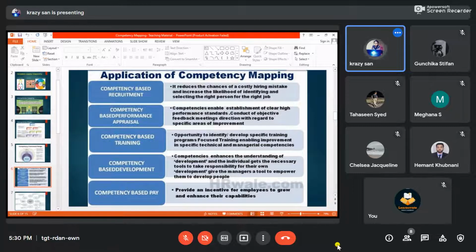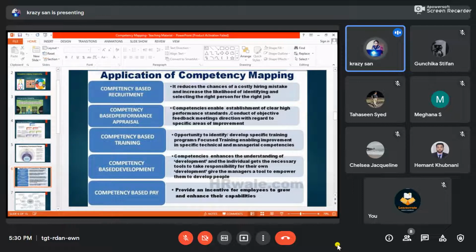How can you apply competency mapping, and how can you handle it? That is a sector of five; majorly any organization will follow these five. First is competency based recruitment.